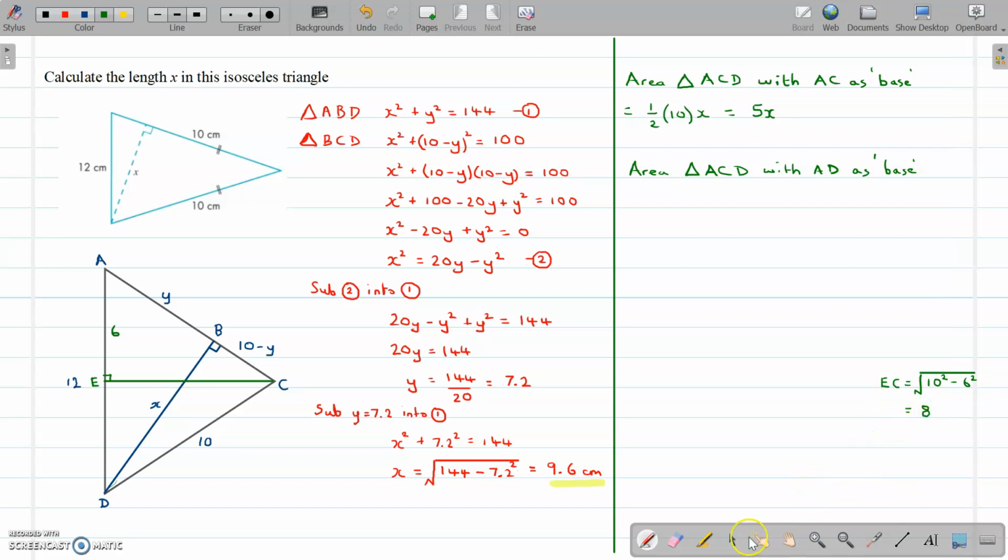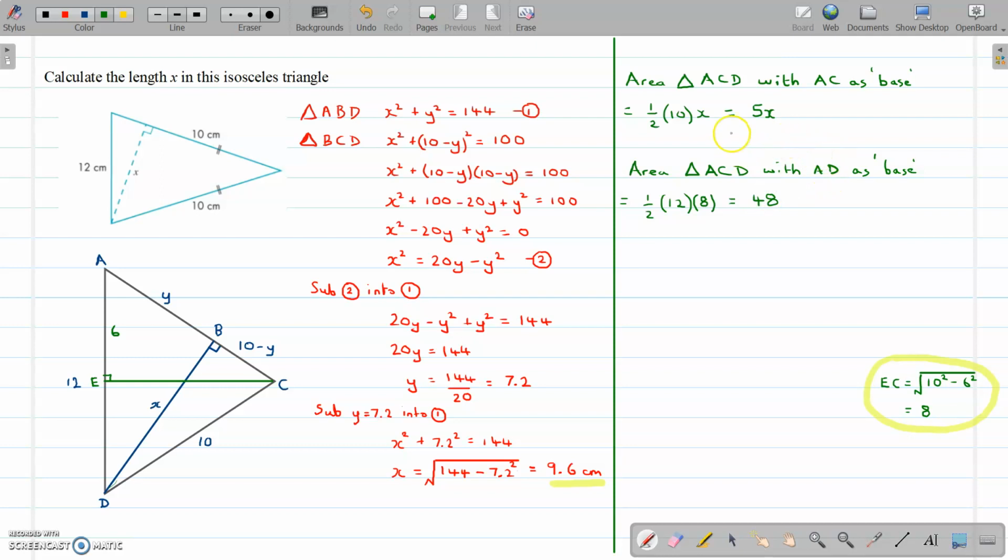I've just worked that out on the side there, and I'm going to use that piece of information as the height, with 12 as the base, to find the area of the triangle. So the area equals a half of base, which is now 12, times the height, which is 8. Half of 12 times 8 is a half of 96, which is 48.